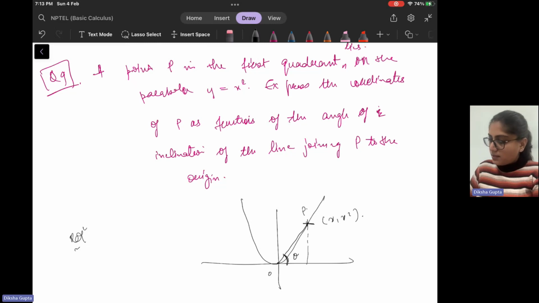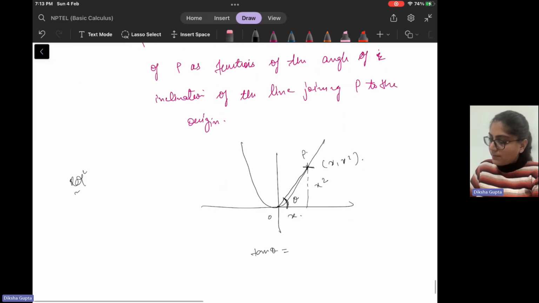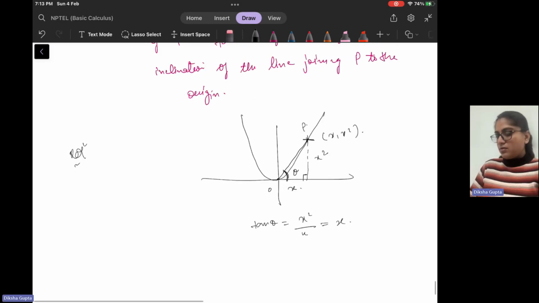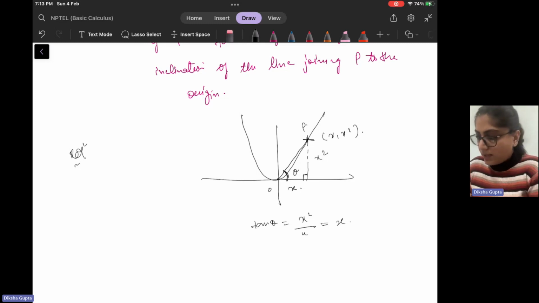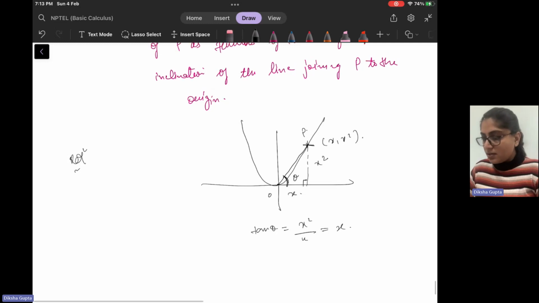In terms of x and x square, this length will be y, x square, and this will be x. So you see tan theta is perpendicular upon base, this is 90 degrees, so this will be x square upon x, so this is x. Don't get confused, just think of it as fixing the point (x, x square) on the parabola in the first quadrant, and you have to express this point in terms of the angle of inclination of the line joining P to the origin.